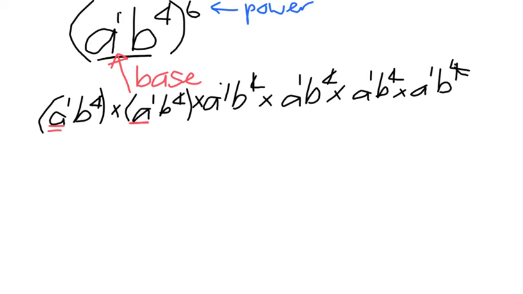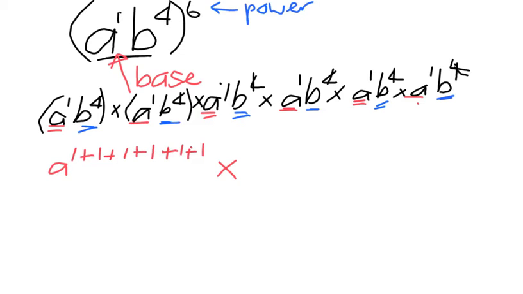Our A's are all like terms, and we've also got our B's, which are like terms. So if we group our A's, we have A to the power of 1 plus 1 plus 1 plus 1 plus 1 plus 1.